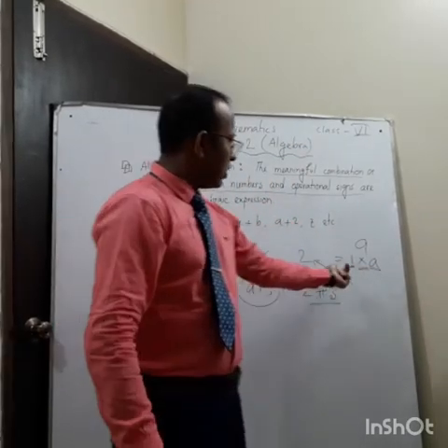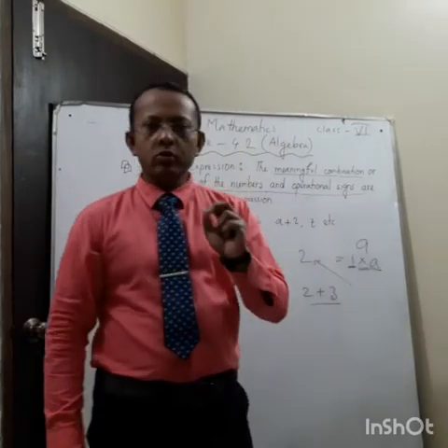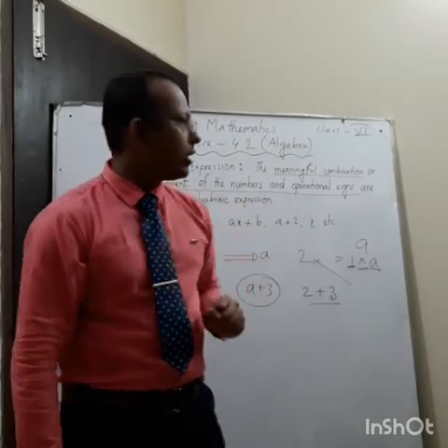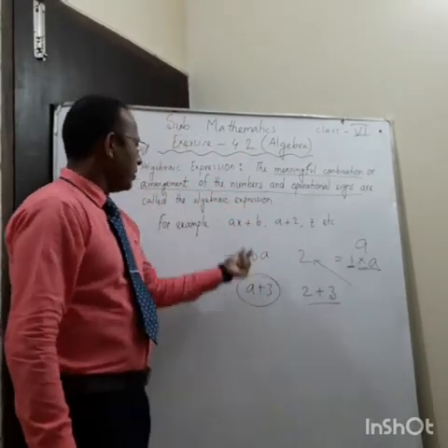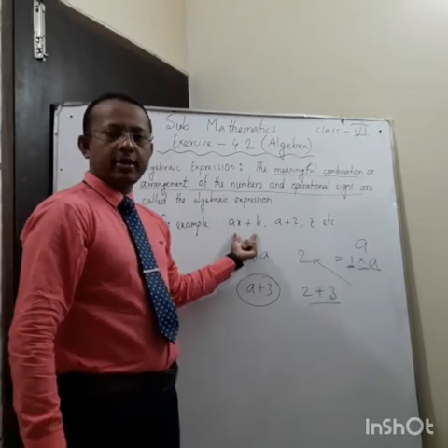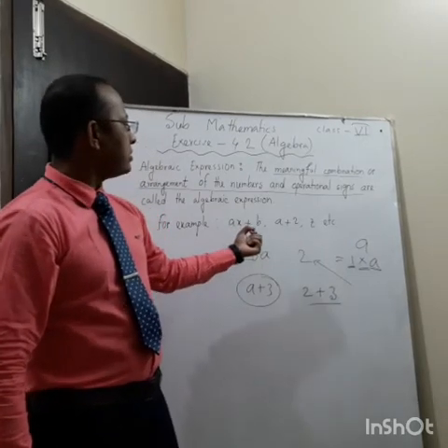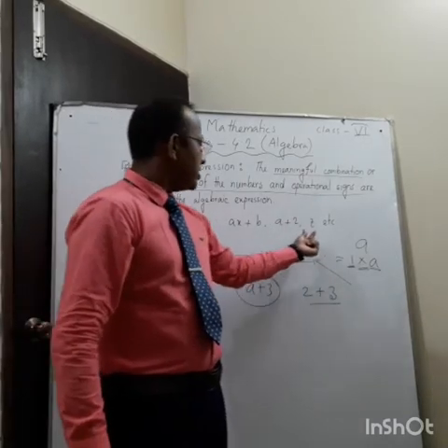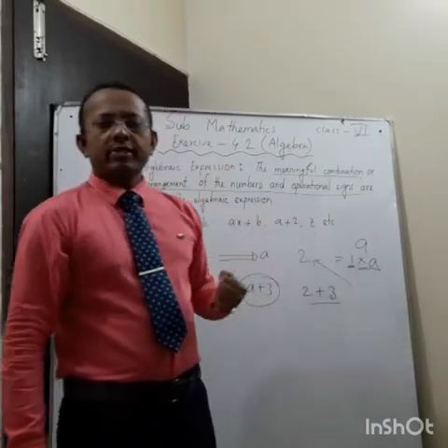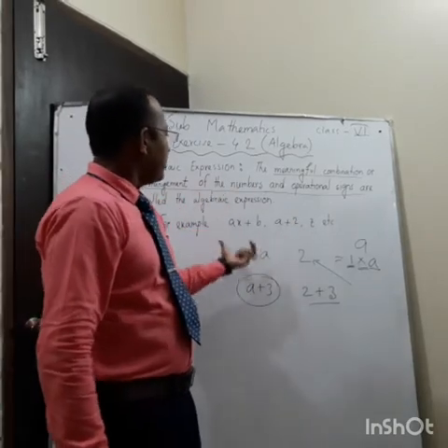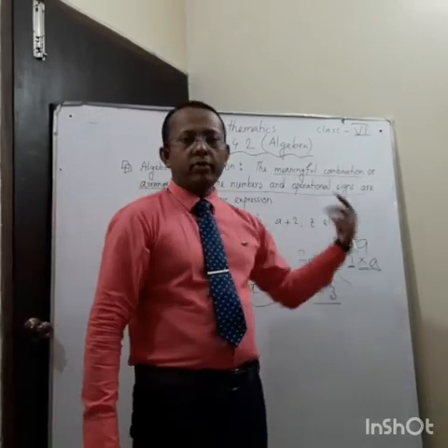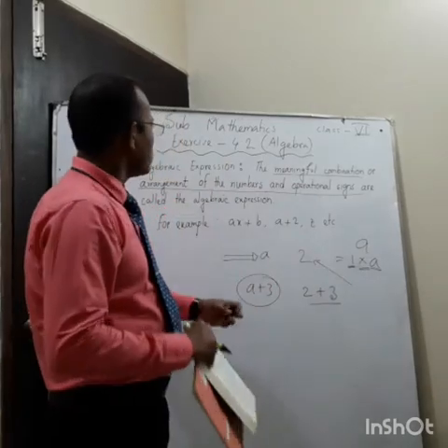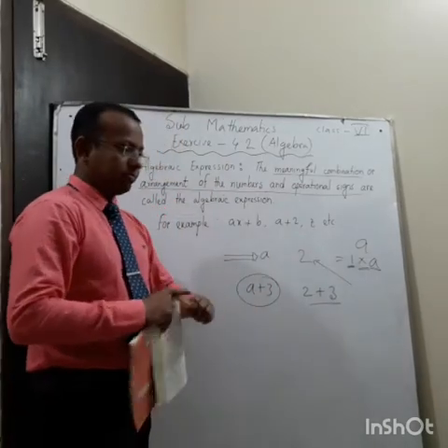So 1 into A equals A, so we must say A is an algebraic expression. Here Ax plus B is an example of an algebraic expression. A plus 2 is an algebraic expression. Simply Z is an algebraic expression. So an algebraic expression can be expressed in many ways. So we understood the algebraic expression.